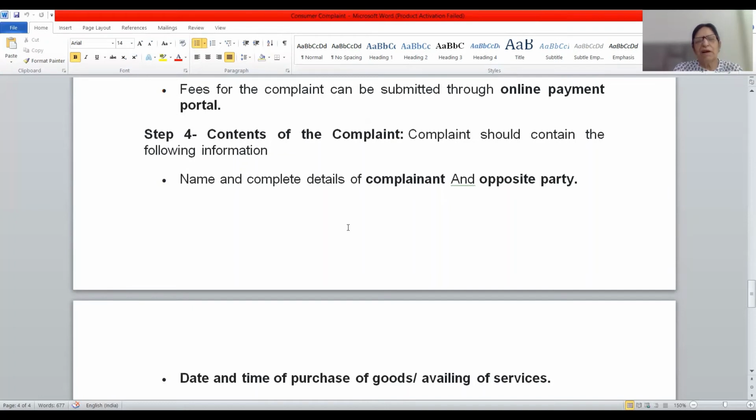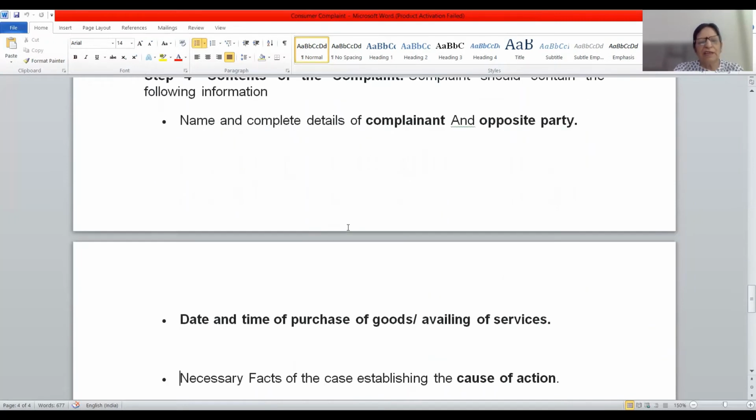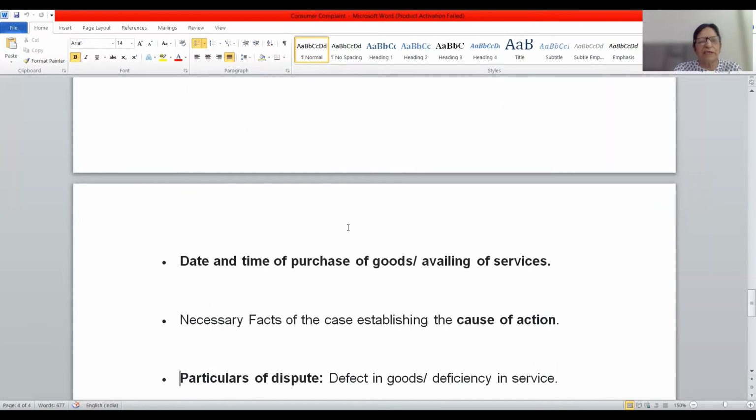Then the date and time of purchase of goods or availing of services: which goods were purchased, when and at what time, and if the customer is not satisfied with the services, then on which date and time the services were availed. All the details are to be provided.